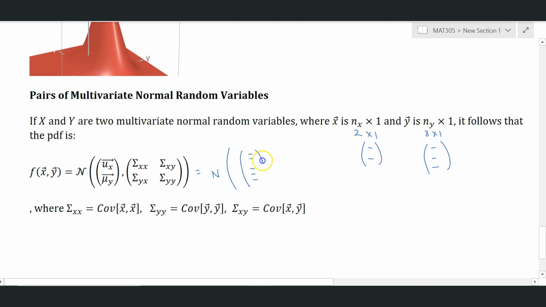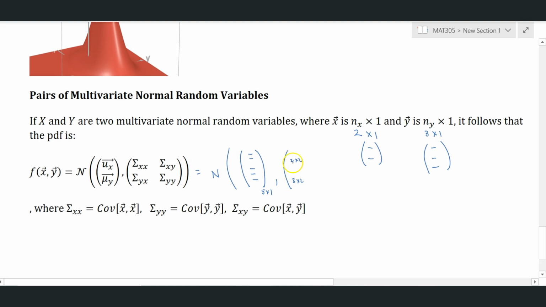So notice that this would be a 5x1 vector of means, right? And so then what we would have here in the variance covariance matrix is the covariance between x and itself, and that's going to be a 2x2. The covariance between y and x will be a 3x2.